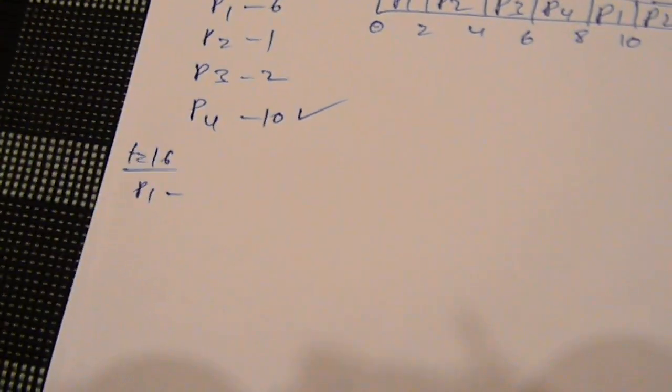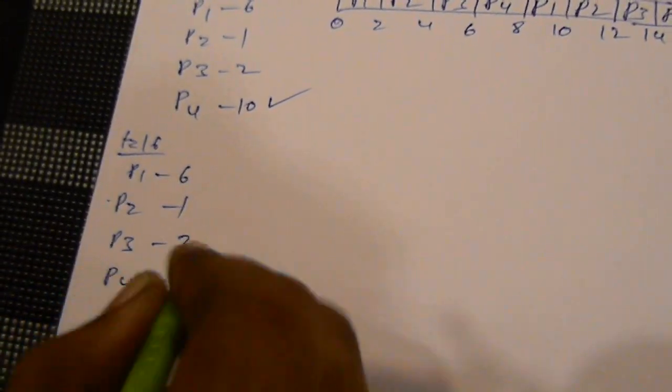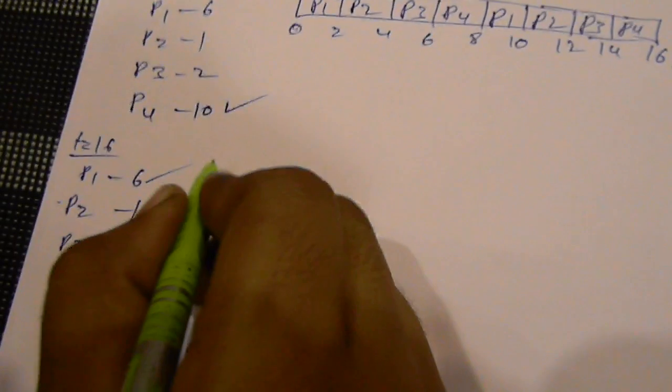At 16 milliseconds, P1 with 6, P2 with 1, P3 with 2, P4 with 8. Now the second cycle has also completed, and P1 enters execution.